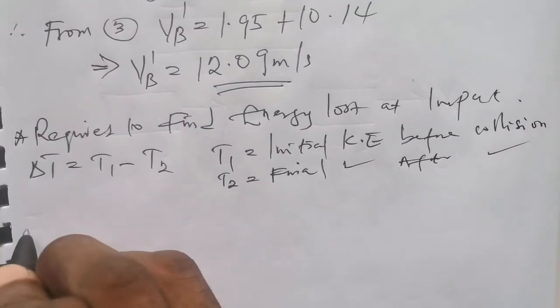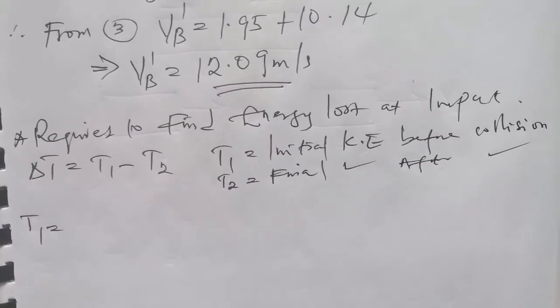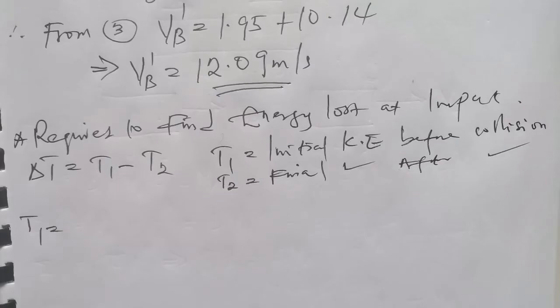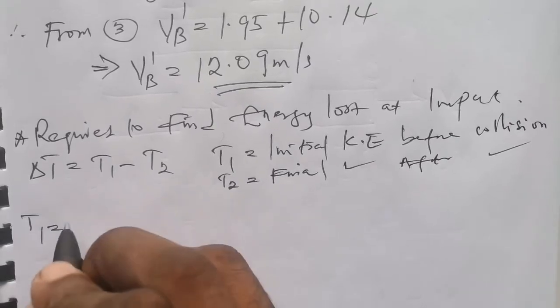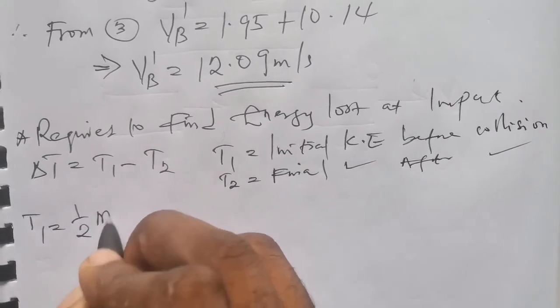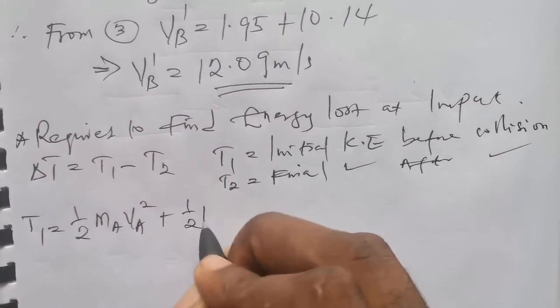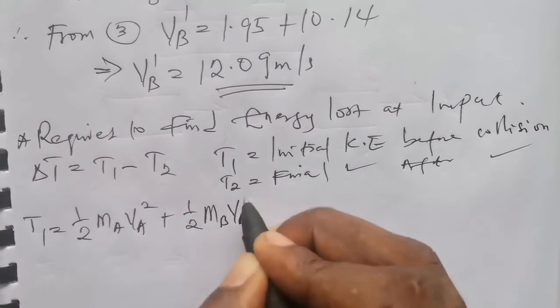So what then is T1? Remember, we have two objects colliding, collar A and collar B. So the kinetic energy before collision is 1 over 2 m_A V_A squared plus 1 over 2 m_B V_B squared.